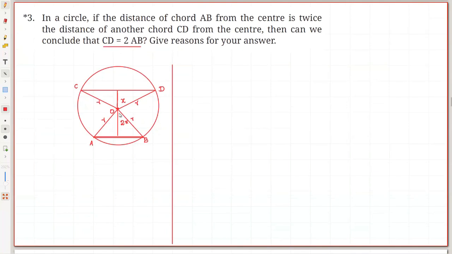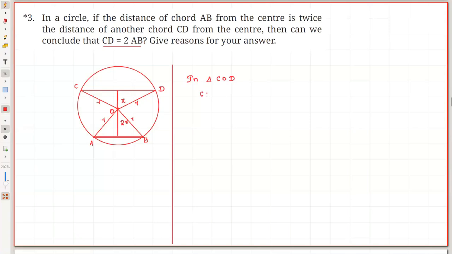Here we have two triangles, COD triangle and AOB triangle. First I'm taking the COD triangle. The chord length we have learned in the previous question.